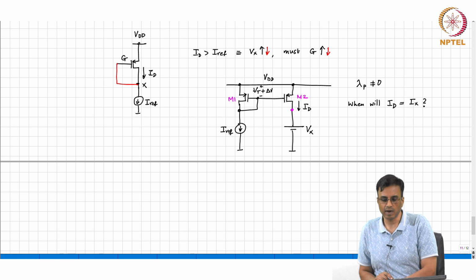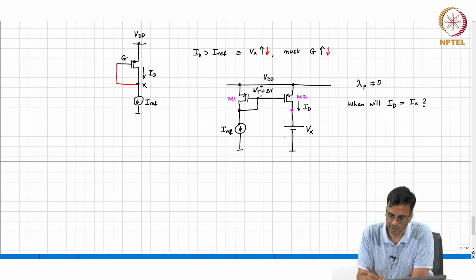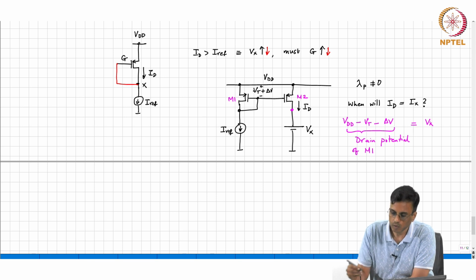The drain potential of M1 is Vt plus delta V. So, what is the drain potential of M1? That is nothing but VDD minus Vt minus delta V, and this must be exactly equal to Vx.